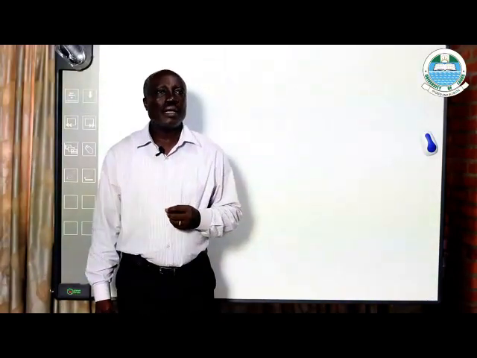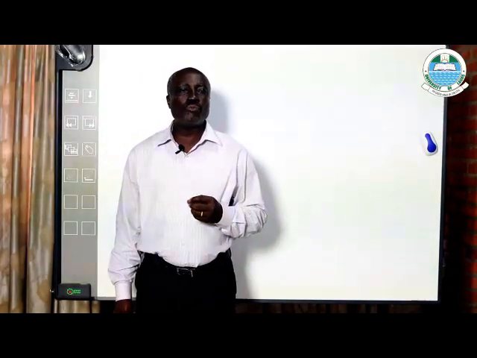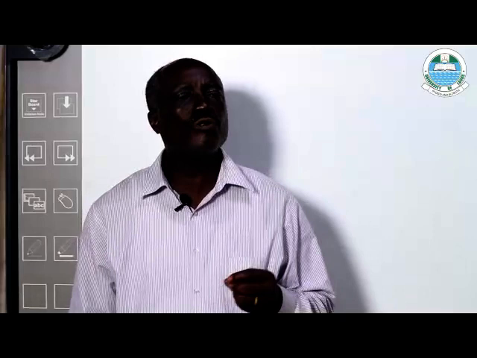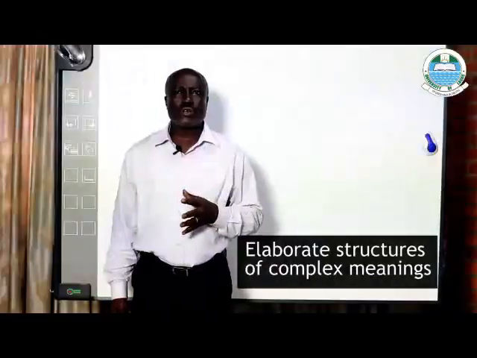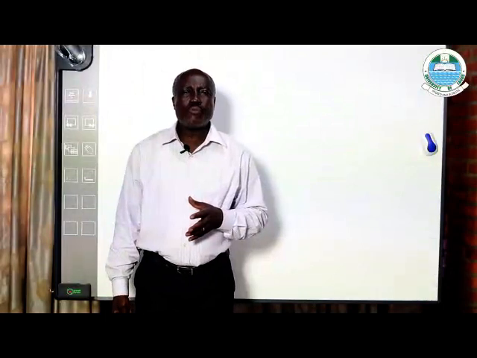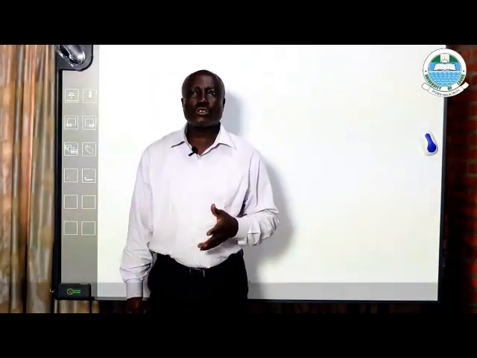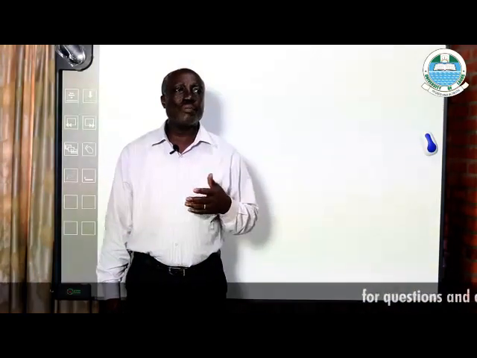This critical work by William Empson impacted the critical movement of that time and led to the emergence of what today we know as New Criticism. And New Criticism sees poems as elaborate structures of complex meanings. The poems are not just ordinary words, they are elaborate structures of complex meanings.